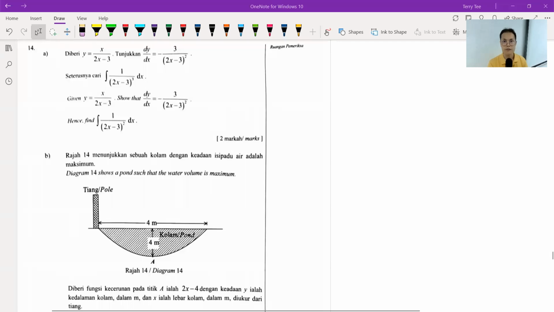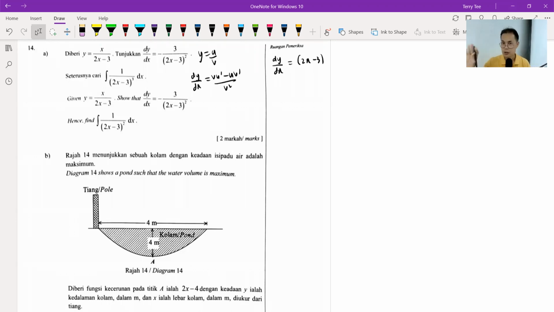Okay, question 14. The first part is combination, differentiation, and integration. So you're given y equals this, so we can differentiate dy/dx. I'm using u over v, the quotient rule. When we differentiate, it is v u prime minus u v prime over v squared.